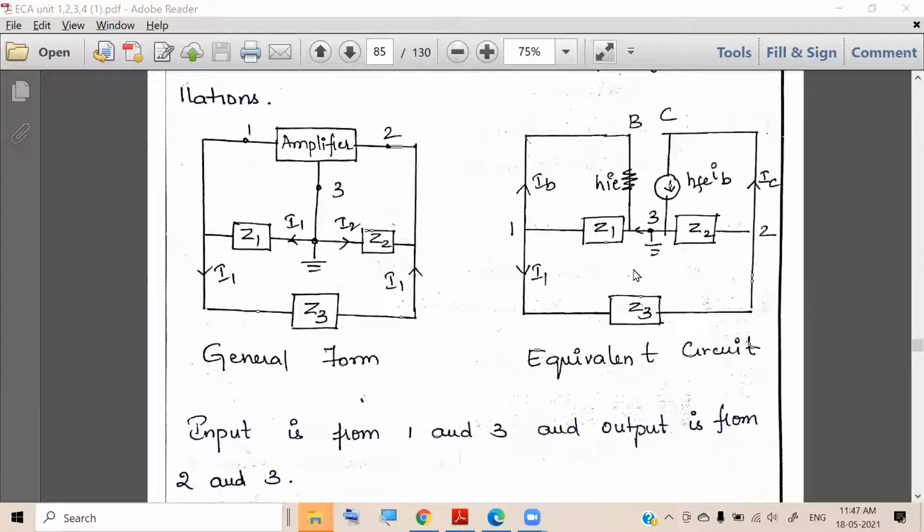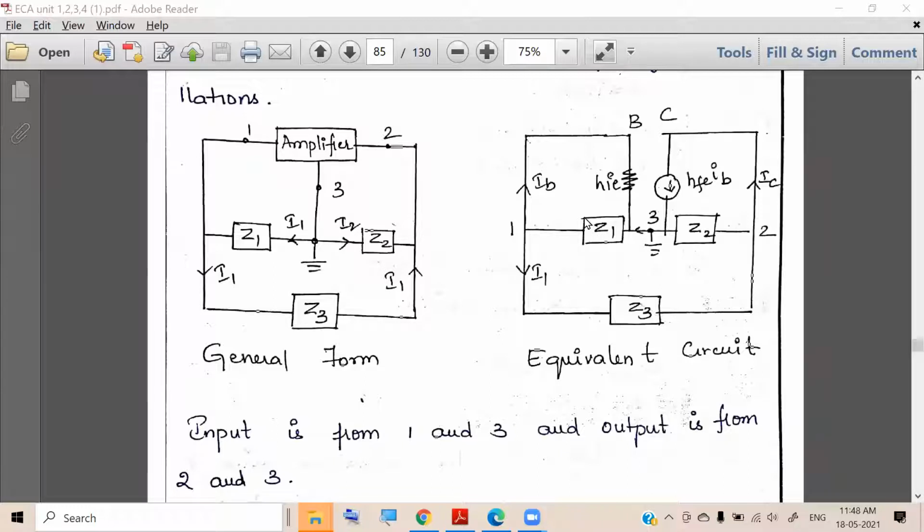So now tell me, HIE and Z1, are they in series or in parallel? Parallel. Yes, they are in parallel because, observe, this end HIE and Z1 are connected, and HIE's other end is also connected to Z1. So both ends of Z1 and HIE are connected, which means HIE and Z1 are in parallel.